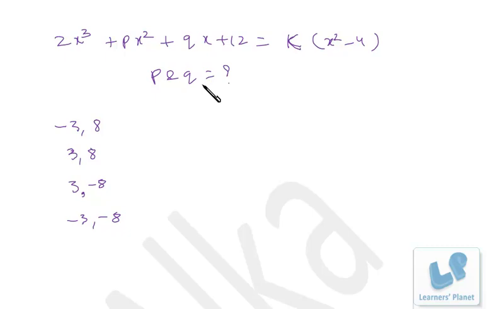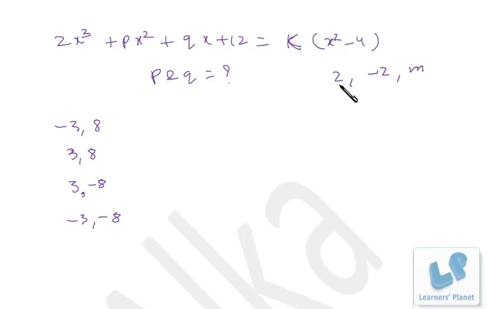The other method is, if you are clear with the basics of equations that I've already discussed in the basic algebra sessions, you'll know that, see, the two factors we know are 2 and minus 2, and the third factor I assume to be m, right?